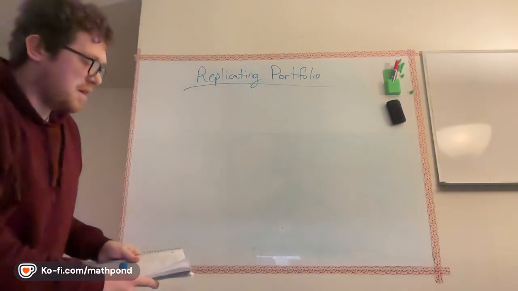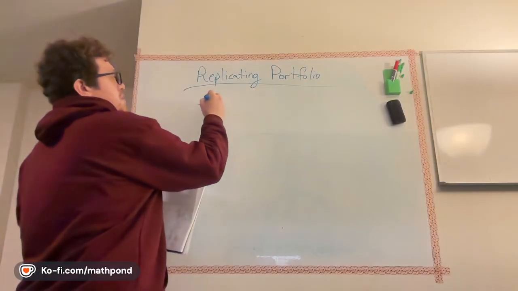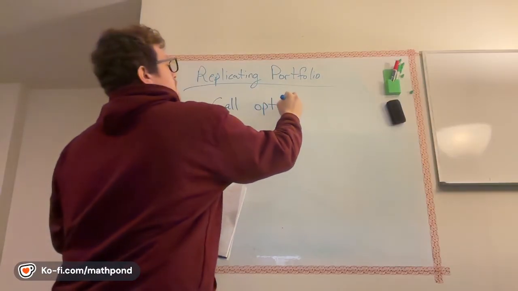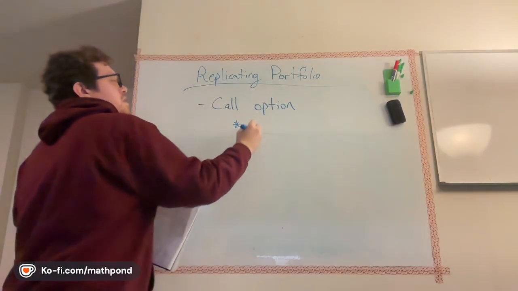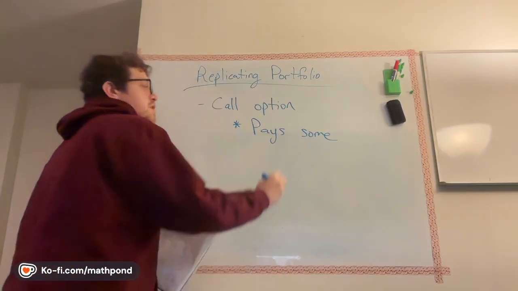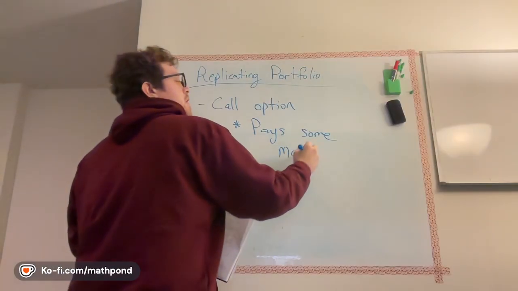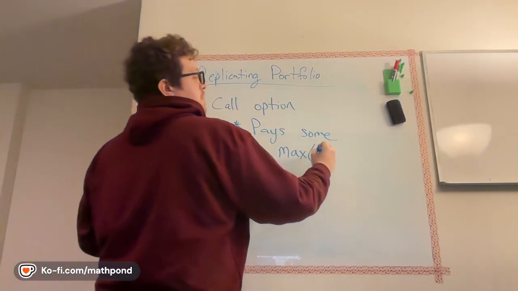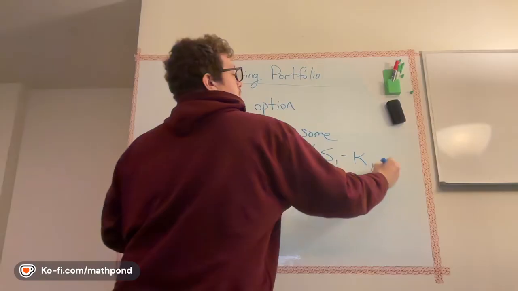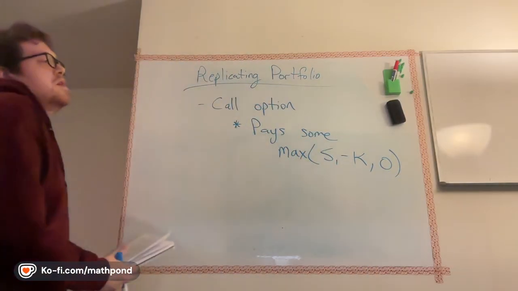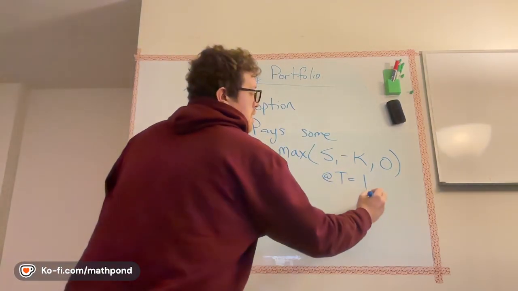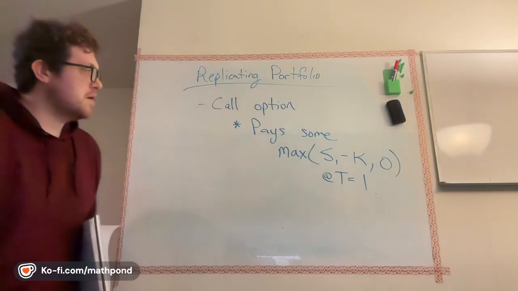So the definition of an option is pretty simple. Let's just talk about call options for a second. It pays some value, which is usually the maximum of S1 minus K, or 0, at T equals 1, the end of the 1 period.